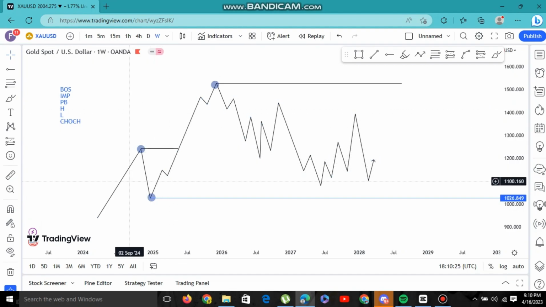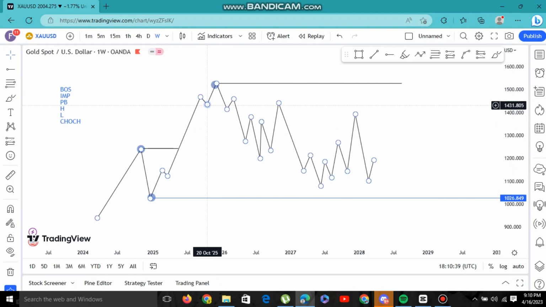Remember, BOS is when the structure point is taken out, but choke is the same as BOS on a minor level. So looking at this impulsive move, we call this substructure in here. This is where we have that choke.